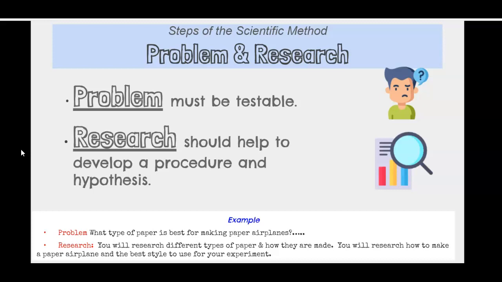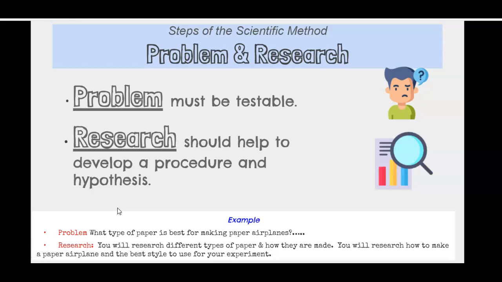So your first two steps are your problem and your research. A problem must always be testable. It's something that you can create an experiment about. And your research should be about that problem, and it should be designed to help you create a solution. So down here you can see an example. The problem is, what type of paper is best for making a paper airplane?